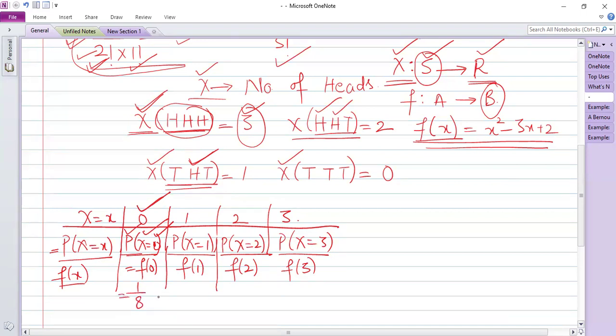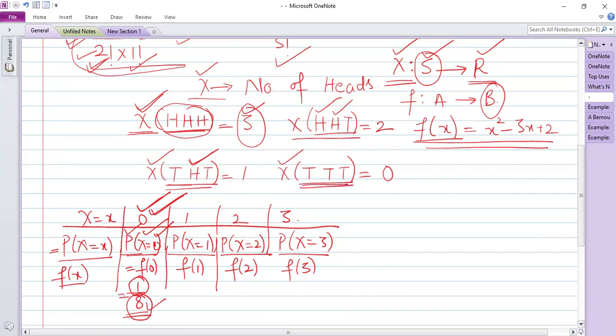How is it 1 by 8? Out of the total 8 outcomes, there was only one favorable case where there were 0 heads. That outcome is the one I am talking about.